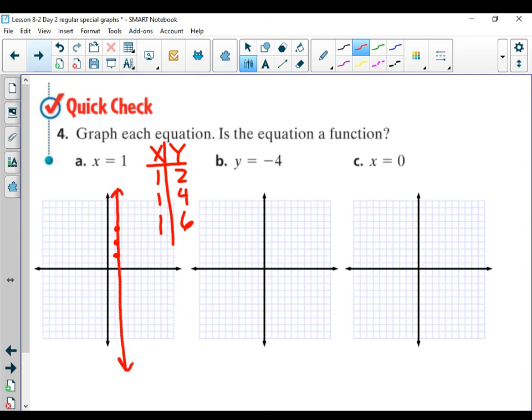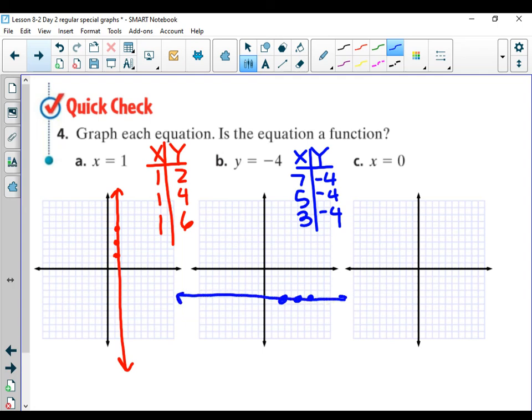I saw everybody had the vertical one over here. And this one looks like it's gonna be horizontal. And then this last one turned out really silly, didn't it?